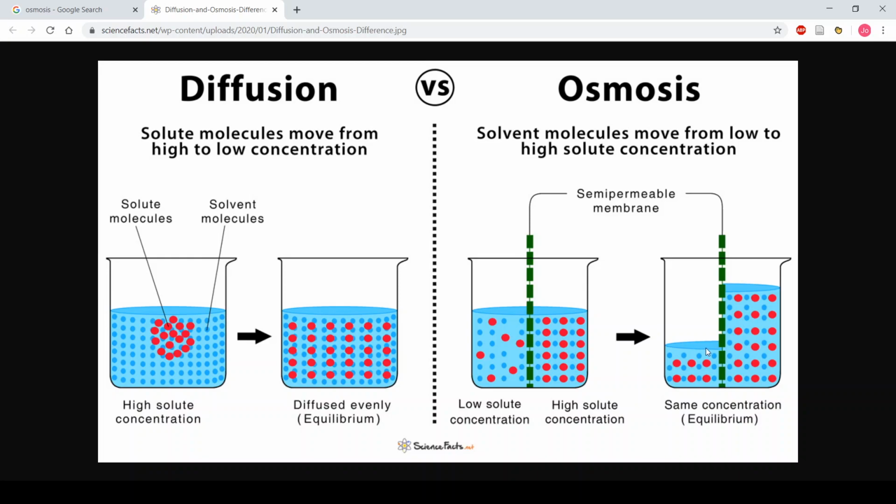It will move along the concentration gradient, going from high concentration to low concentration, and equal these out. That's the goal. That way this and this are both the same. As opposed to here, this is low concentration, this is high concentration. It can't pull the salt through, so the water will move. And that is what we can do with this egg.